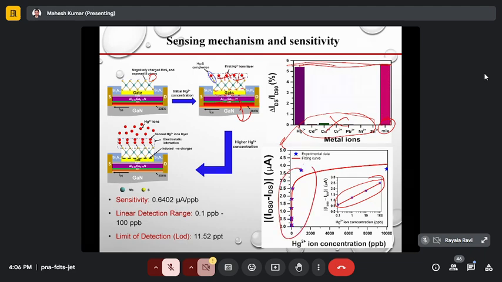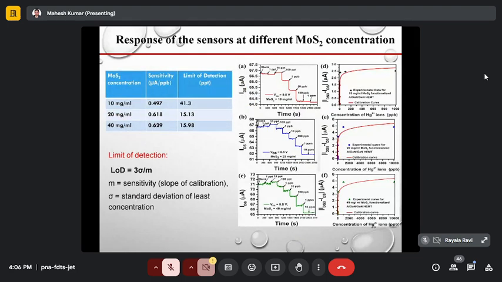This region is almost linear, but at high concentration the sensor is saturated. So in the lower range, we can measure the concentration of these heavy metals, and by using this we can make these heavy metal ion sensors.